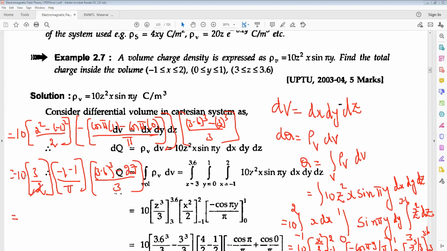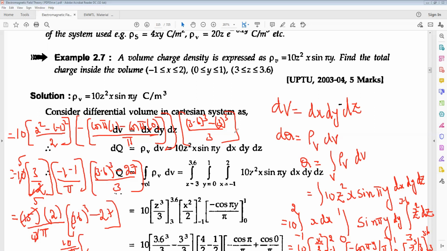That is equal to, 2 5s are 10, and 5 3s are 15. 15 into, multiply this minus here, the -2 there, plus 2 by pi, 3 pi is there, and it is 3.6 whole cube minus 27, and again it is 3 5s and 5 2s are 10, 10 by pi, 3.6 whole cube.